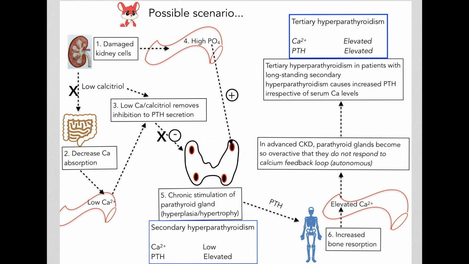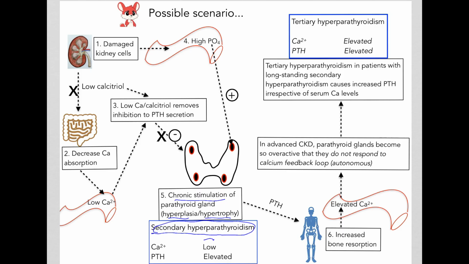So this chronic stimulation of the parathyroid glands is going to cause hyperplasia or hypertrophy of the gland. The gland becomes bigger, the number of cells start increasing in the gland, and this leads to what we call secondary hyperparathyroidism.